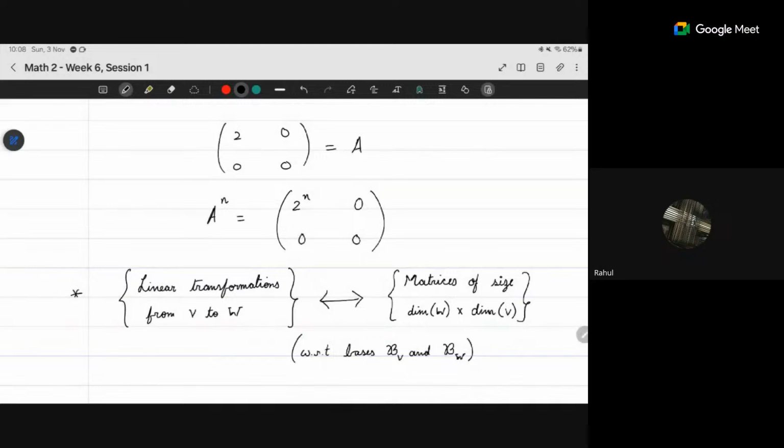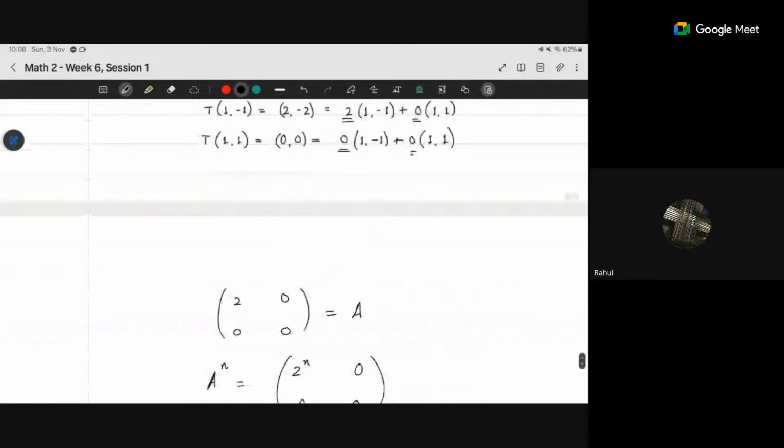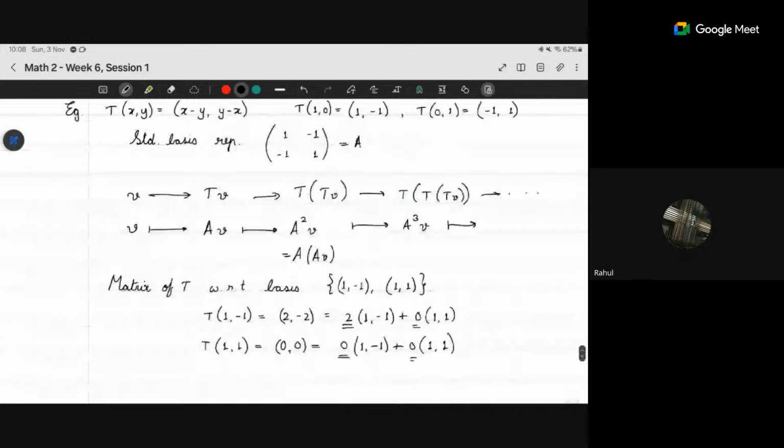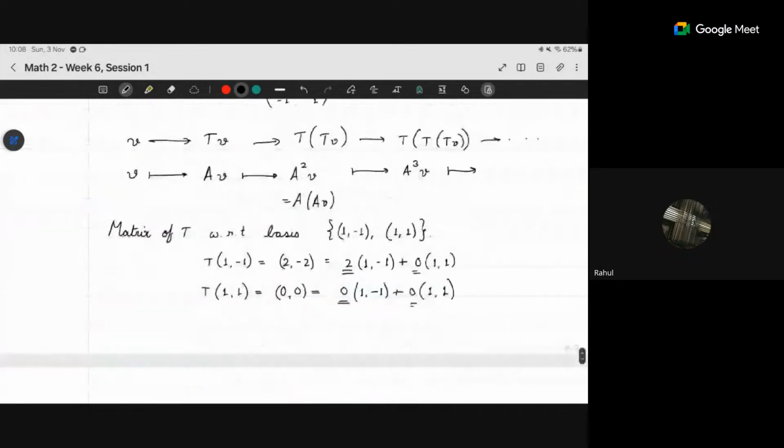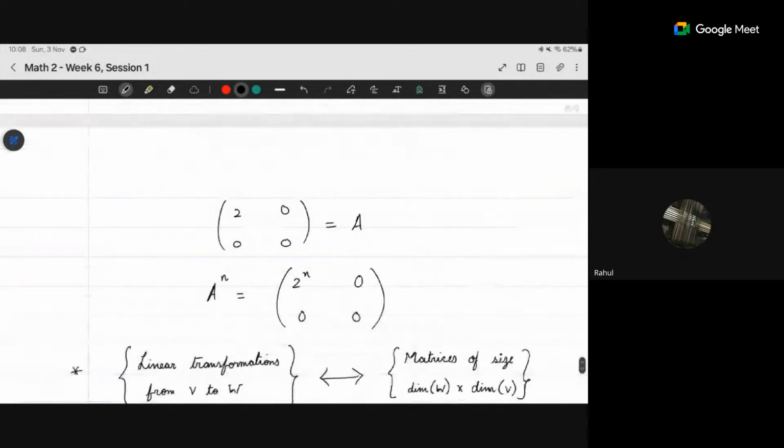So this is not a transformation that would converge. All of these are vague terms which are not relevant to the course, but I hope you are getting the idea that by using this particular basis, we have inferred something which may not have been possible for this matrix. So this is a nice basis which gives you a nicer matrix representation.